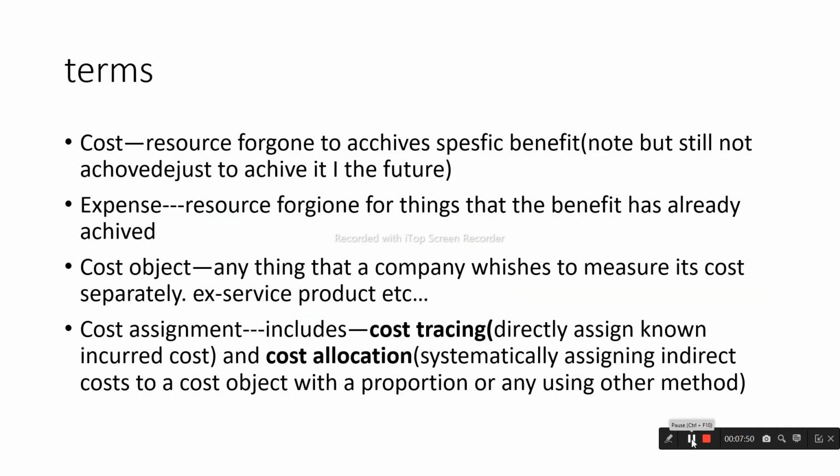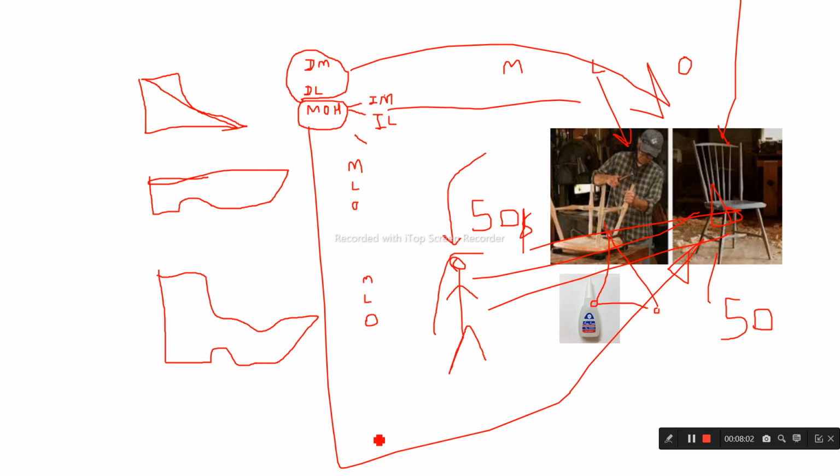So as we have seen in the previous video, there is something called cost accumulation. Why we accumulate cost is just to allocate, to assign those costs to each cost object. For example, why we should know the total direct material cost is to allocate this direct material cost for one product in that department or in the total.